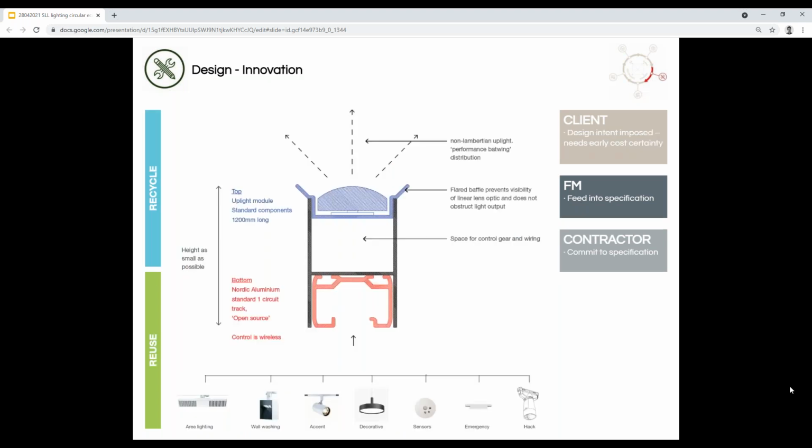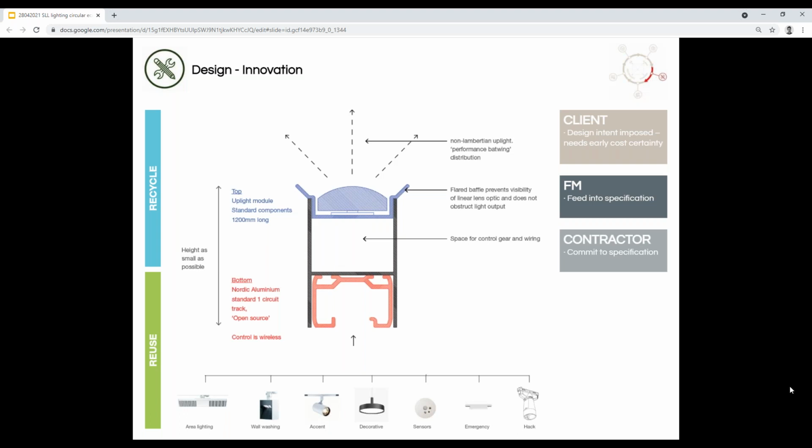And this is just a bit of a detailed exploration of one that we developed for a project where we had a custom H section extrusion, which was unpainted and unfinished with an uplight component and then a standard track within the H profile, into which were plugged a series of lighting tools, not only lights but also sensors, emergency lighting and the like.